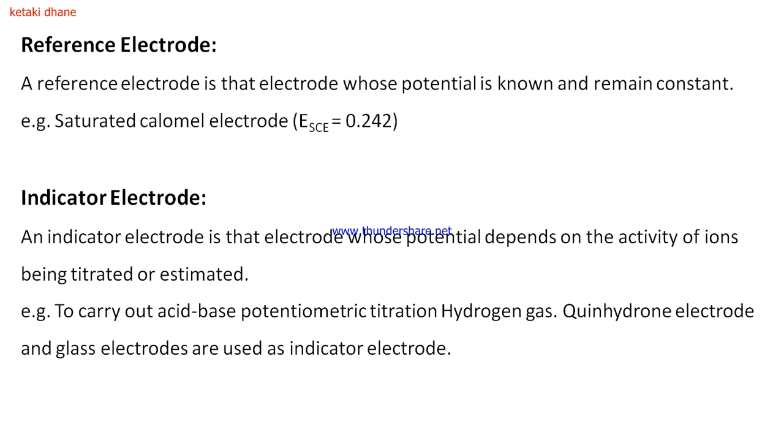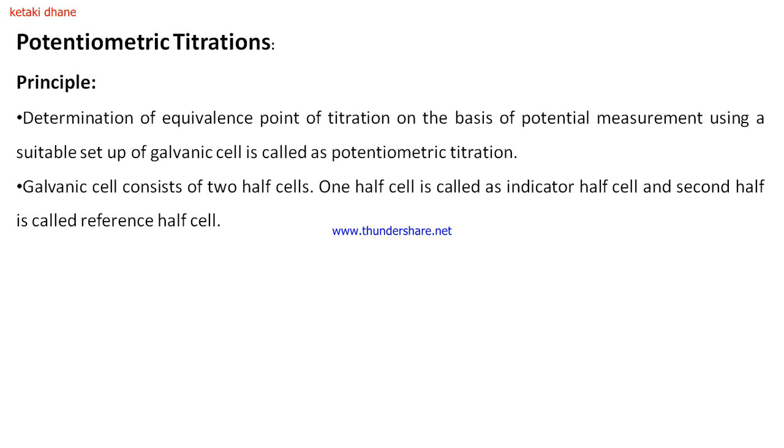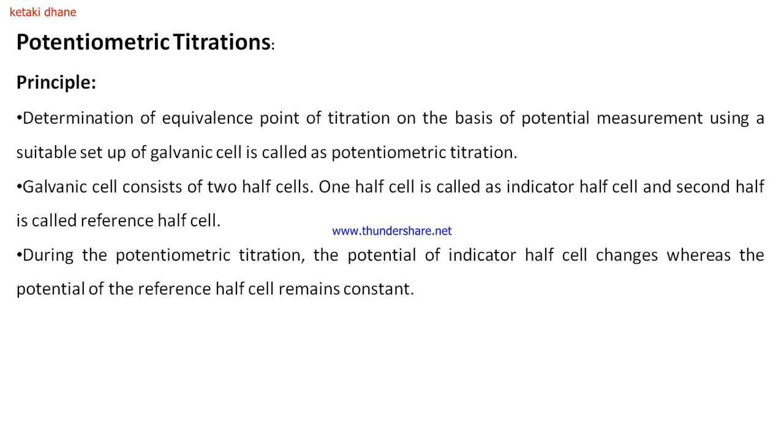So what is the principle behind this potentiometric titration? How are we going to use the indicator electrode, reference electrode and standard electrode, for what purpose, and on which reaction principle does it work?